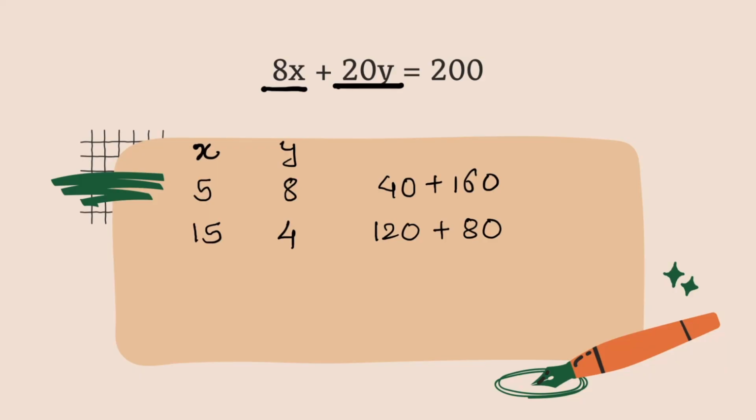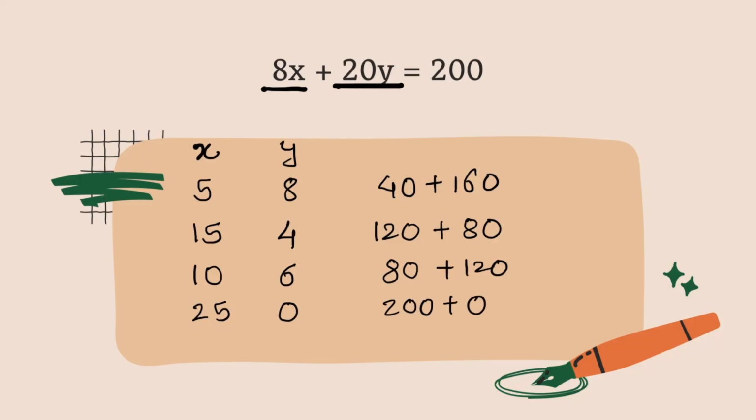Again, true. When we consider 10 and 6, 8 into 10 is 80, 20 into 6 is 120. Again, true. When we consider 25 and 0, 8 into 25 is 200.